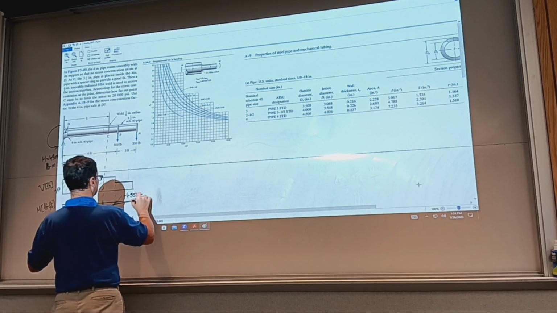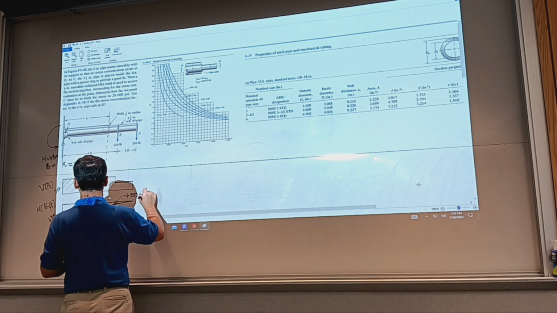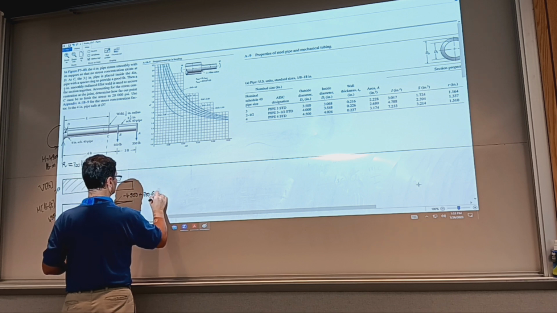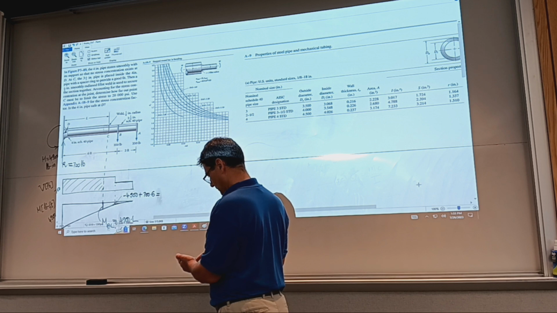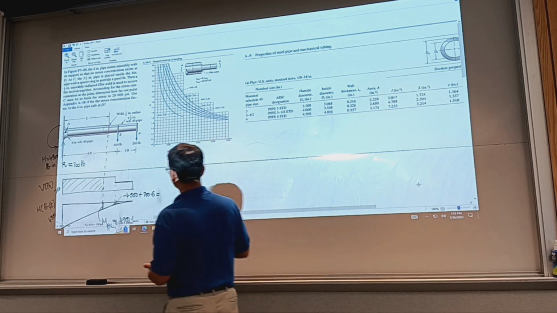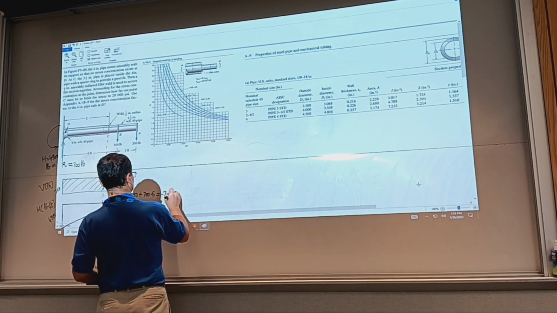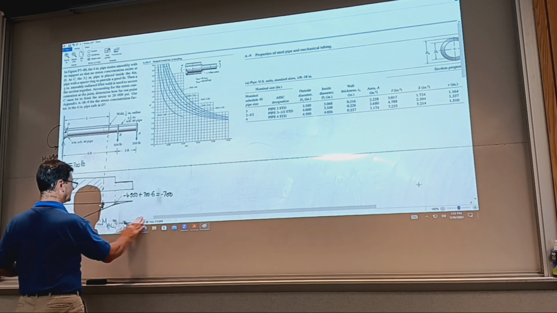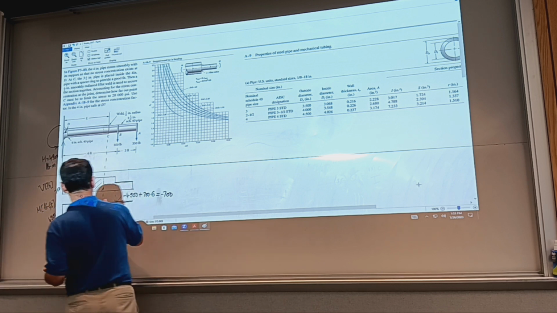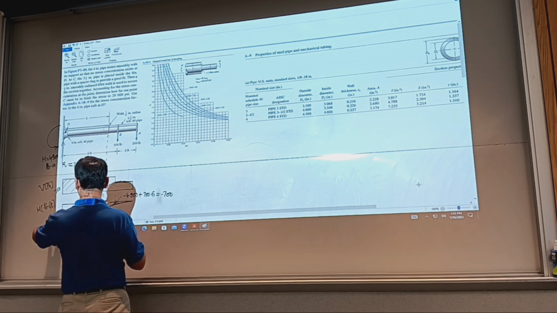And then I have plus the positive area. So that's 700 times 6. Okay. So now I'm good. So 4900 negative plus 700 times 6 equals -700 pound-foot.